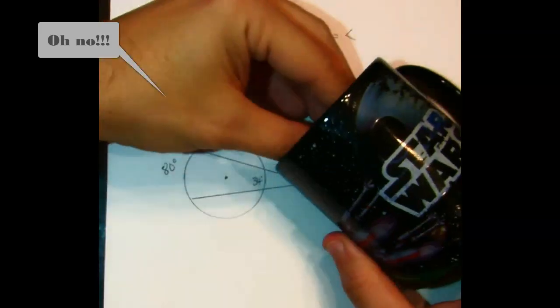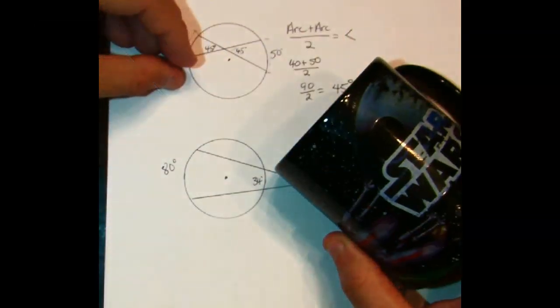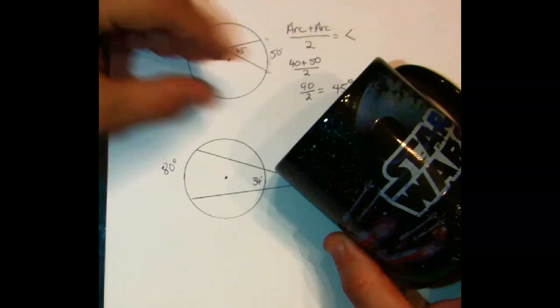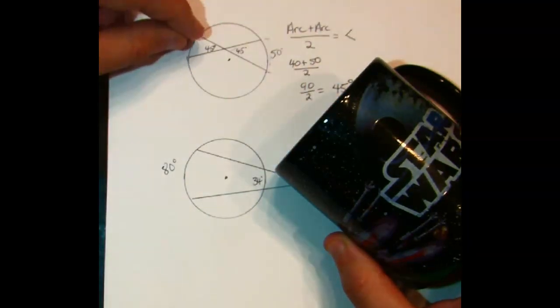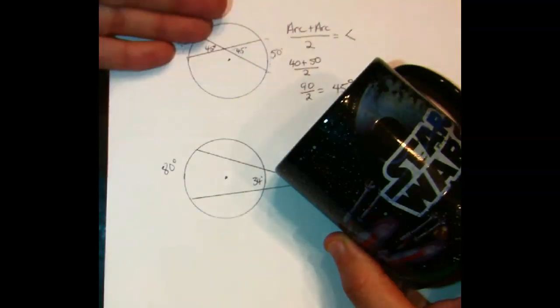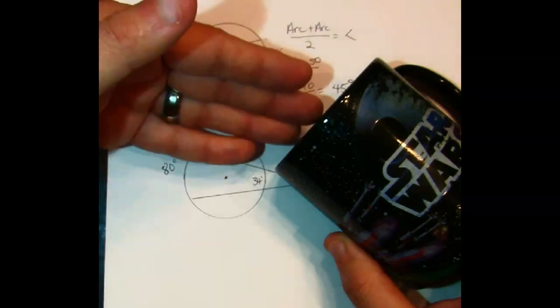Well, what's going to happen to the coffee? It's going to pour out onto the table. So our edge, our angle, is going to go outside of the cup. So we have less coffee in our cup, meaning we are subtracting.